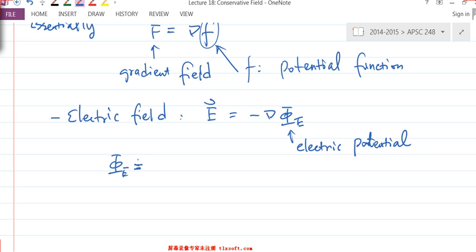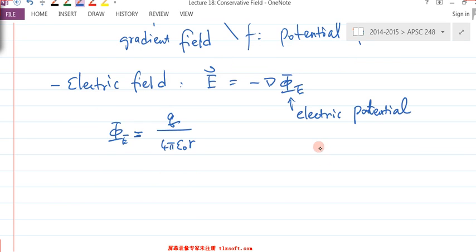The electrical potential is equal to this for a point charge. Q is a point charge, and epsilon naught is the vacuum permittivity, or electrical constant. So you have an electrical charge placed at the origin here. Then the electrical potential is this function. R is from the origin to anywhere in 3D space.